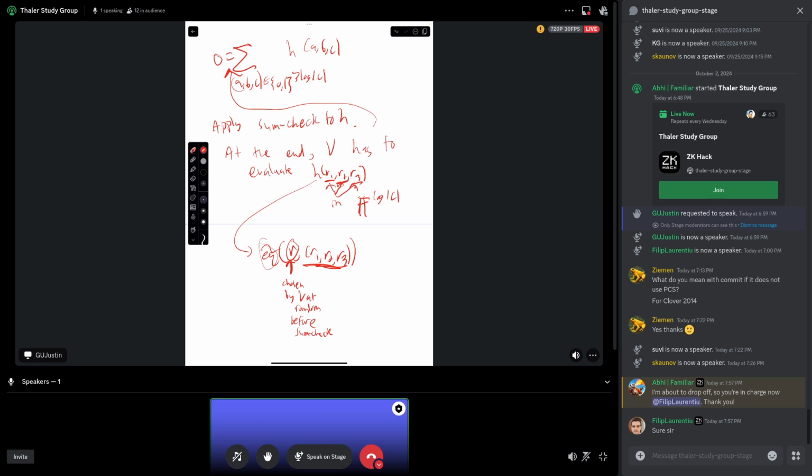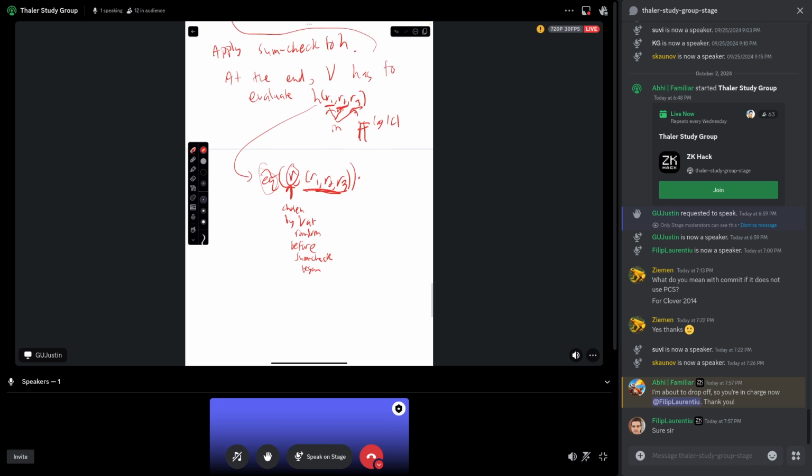Times G of R1, R2, R3, which I don't want to write out for the fifth time, but that's add twiddle of R1, R2, R3 times W twiddle of R1 minus the sum of W twiddle of R2 and W twiddle of R3.